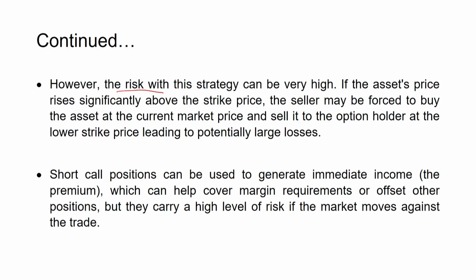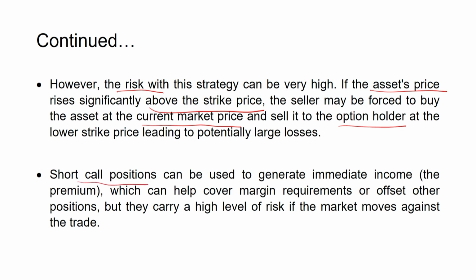Now, the risk related to this strategy is very high. If the asset price rises significantly in the market above the strike price, the seller may need to purchase that asset from the current market at a price above the strike price, and they need to sell it to the option holder at the lower strike price. So, this can lead to potentially huge losses for the holder of the short call option.